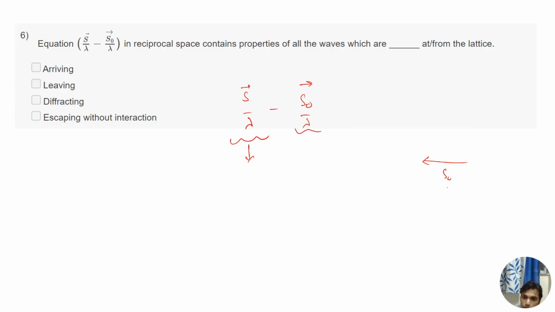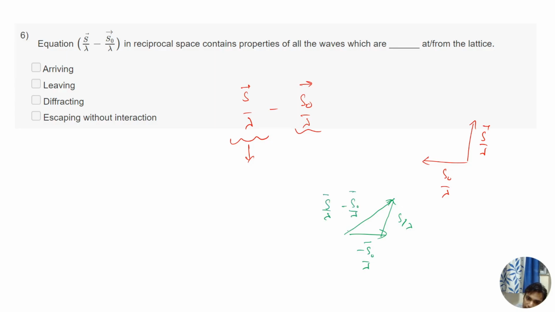This is s naught by lambda, let's say, and this is s by lambda. So minus s naught by lambda will be this. I'm again constructing that. This is minus s naught by lambda, I've just taken it in reverse, and this is s by lambda. If you do a vector addition of these two, this quantity is s by lambda minus s naught by lambda.